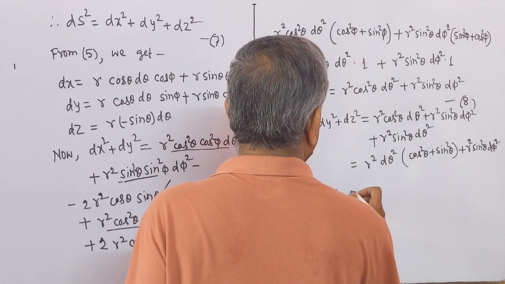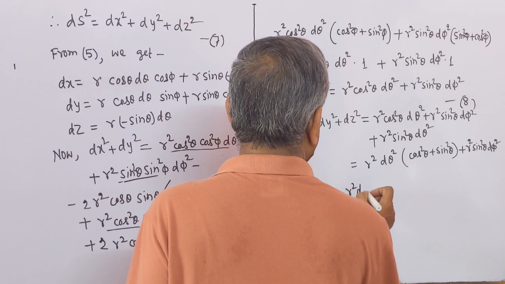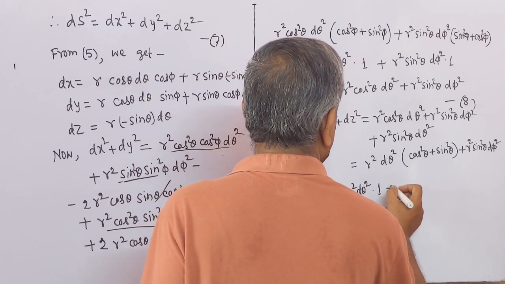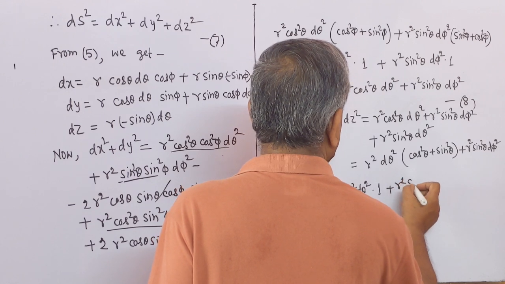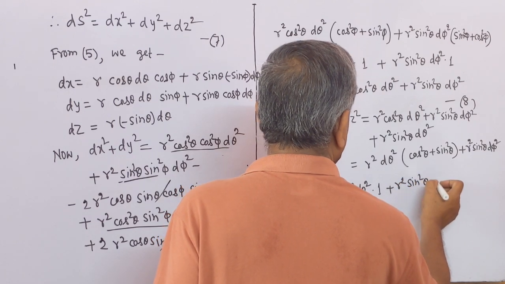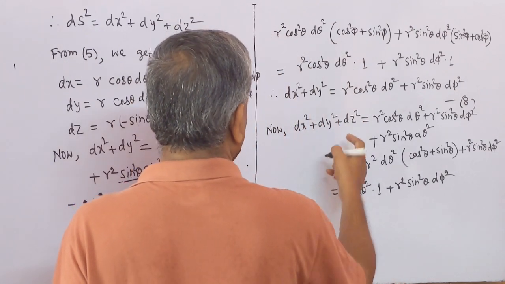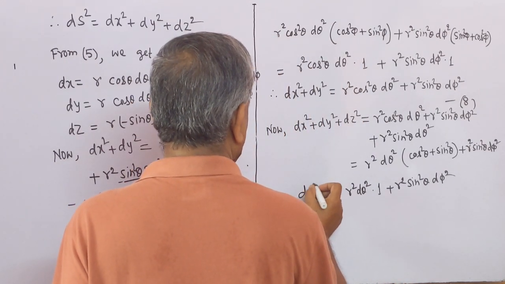This is equal to r square d theta square, this is 1, plus r square sin square theta d phi square, and this is equal to ds square.